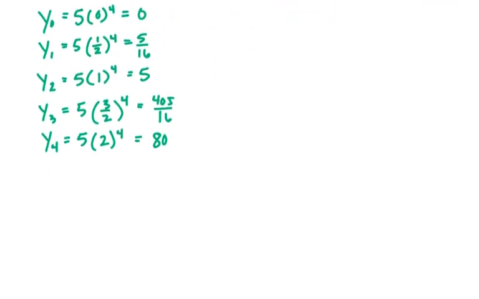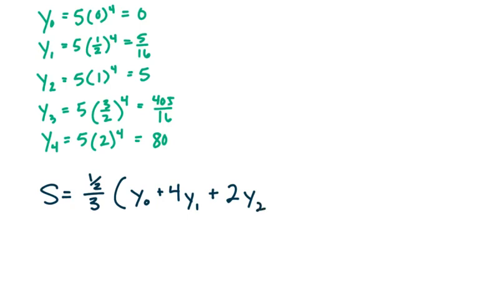So, using my rule for Simpson's rule approximation, my delta x, we said, was 1/2. That needs to be divided by 3. And then we're going to have 1 y sub 0 plus 4y sub 1 plus 2y sub 2 plus 4y sub 3 plus y sub 4.